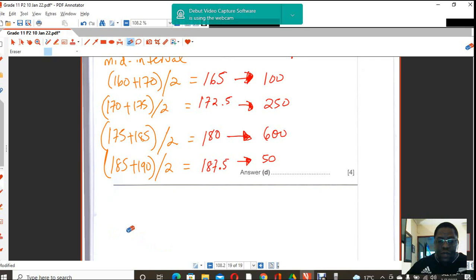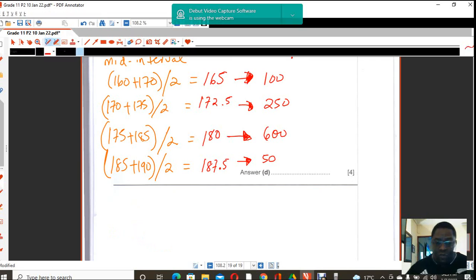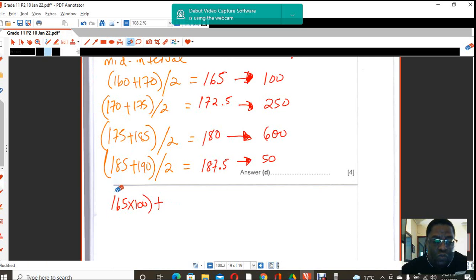So how do we calculate the estimate of the mean? It is calculated as follows. We are going to take 165 and multiply that by 100. So that mid-interval value, yeah, that bracket doesn't look so nice, so let's start over with that bracket.